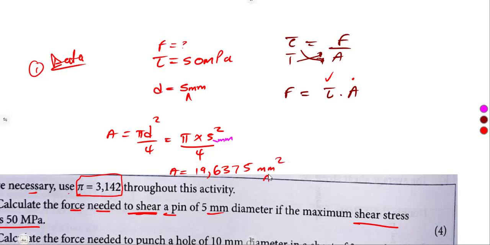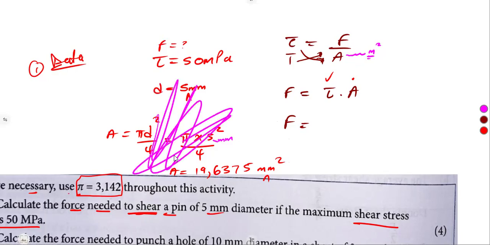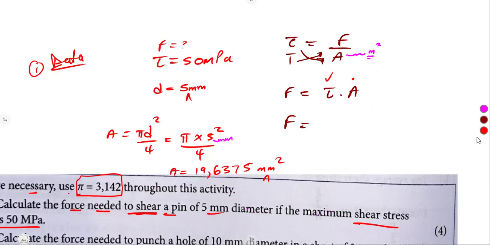As we substitute on this formula, remember the area is supposed to be in square meters. Here you just use the units that you had, but do not forget that on this formula your area must be in square meters, so you must convert on the formula now.